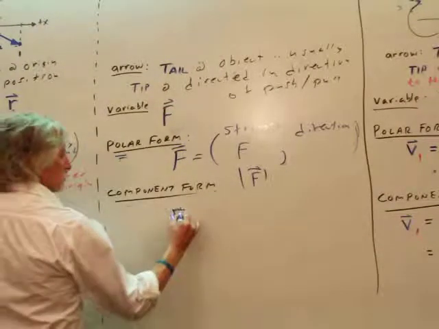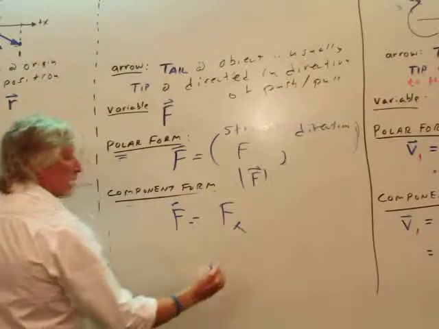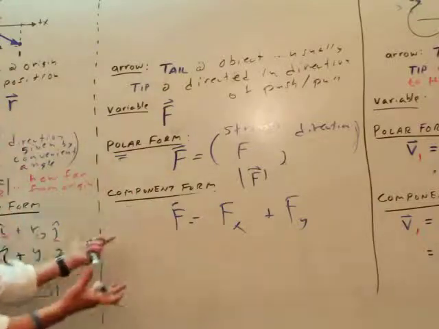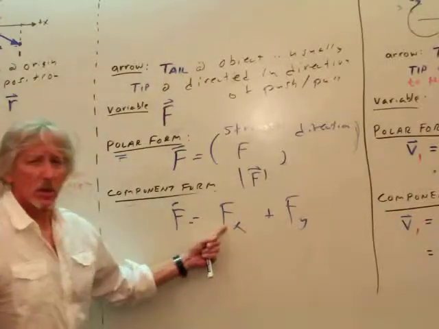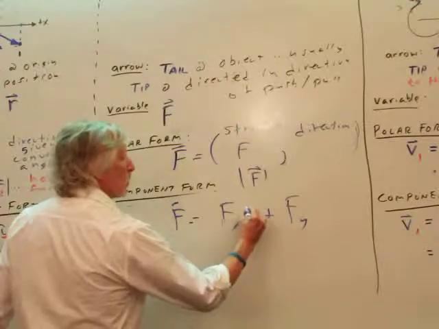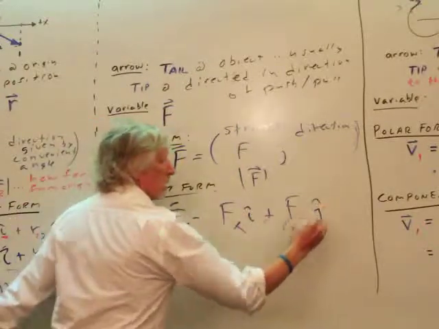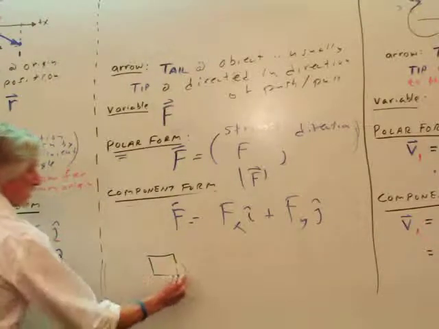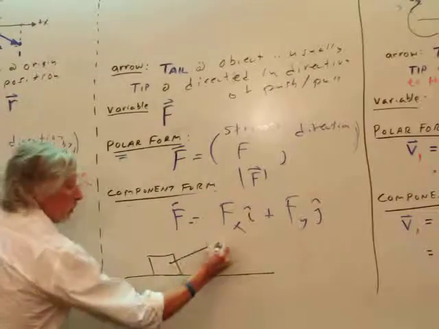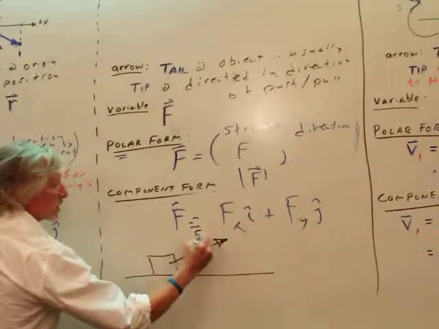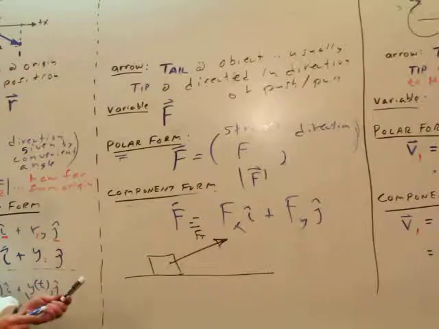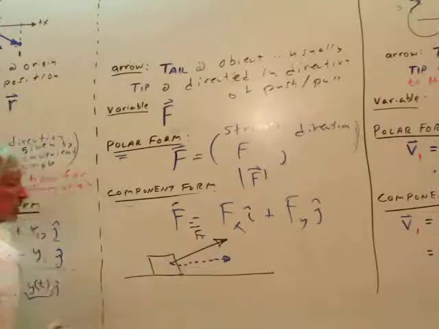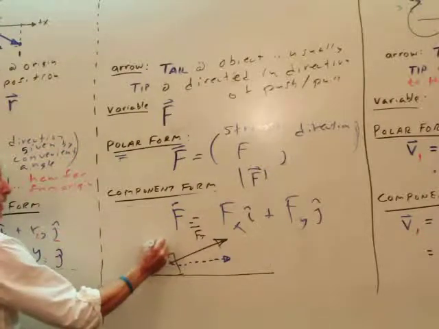Component form is this. Well, I've got some push in the x direction, and some push in the y direction. But if I wrote that, that would be crazy because I could add these two up. I need to say I can't add them. This is in one direction, and this is the amount in another direction. So for example, if I've got an object here, and I'm sliding along the table, and I'm pulling on a rope, and there's a force this way of tension, well, you might want to, for analysis, say I'm pulling it horizontally this much, and I'm pulling it up this much.